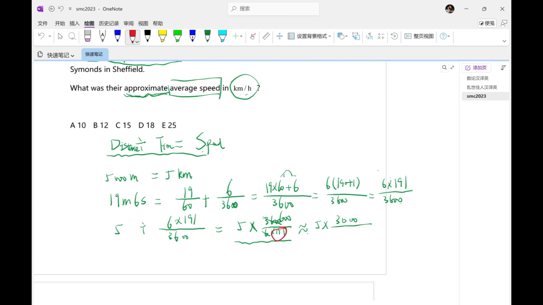We change this number to 100, that is more than it.